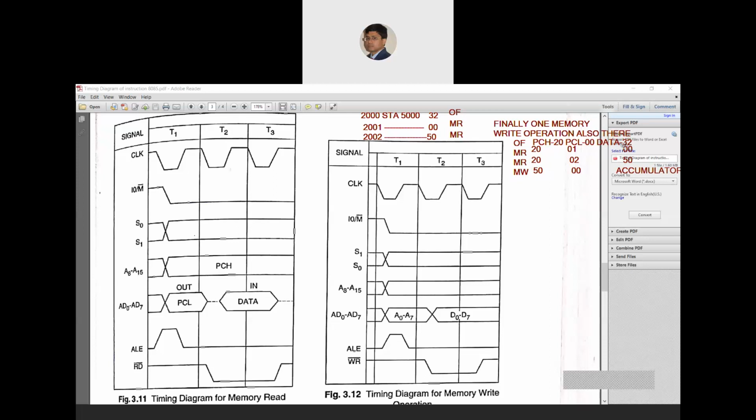So the microprocessor will store the data into WZ. From WZ, it will copy W to PCH and Z to PCL. Then the microprocessor can reach the complete address 5000, go to that location and write the content of the accumulator. This is what the microprocessor does internally.